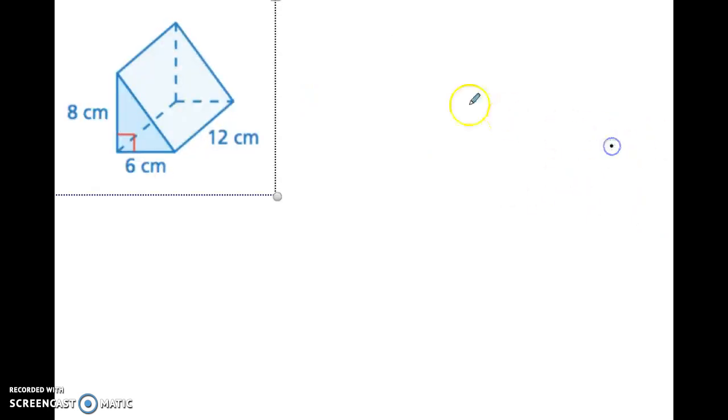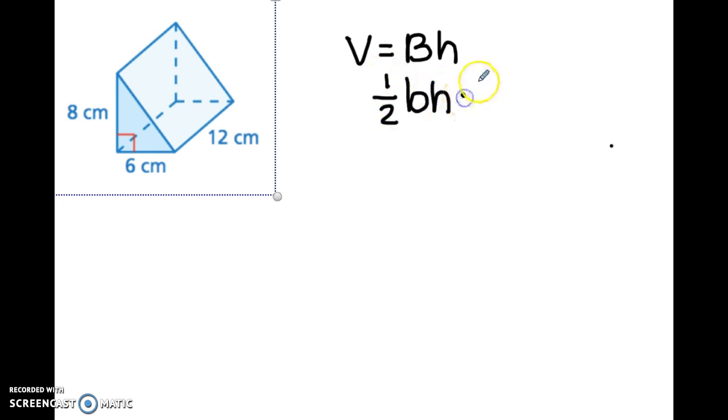Okay. Our next example is a triangular prism. So volume equals base area times height. So the base is a triangle. We know to find area of a triangle, we need 1/2 base times height, and then we have to multiply by the prism height. So 1/2. The base of our triangle is 6.